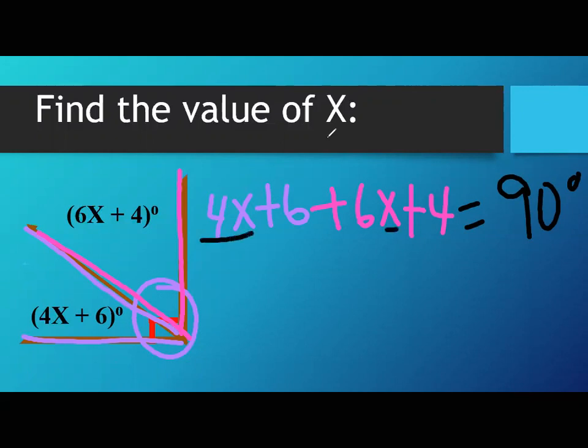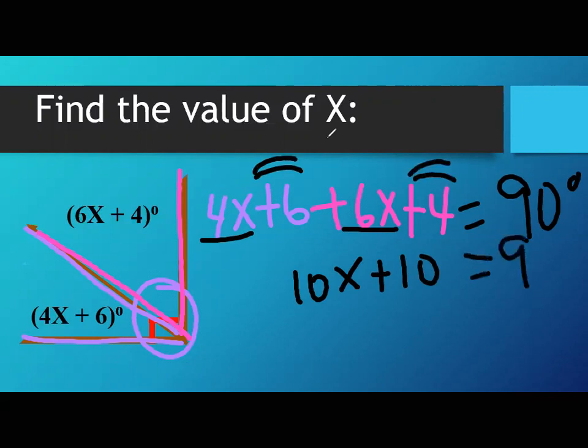We're going to combine those terms, and 4x plus 6x is going to be 10x. And we're going to do the same with the independent terms: 6 plus 4 equals 10, and it equals 90. So 10x plus 10 equals 90.